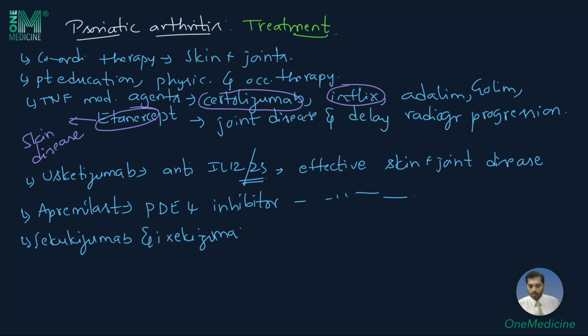Patients can also be treated with NSAIDs. Even intra-articular steroids can also be used in patients with severe oligoarthritis. Systemic steroids are, however, not recommended, as the patients can have rebound psoriasis or psoriatic skin lesions once the glucocorticoids are tapered and stopped.